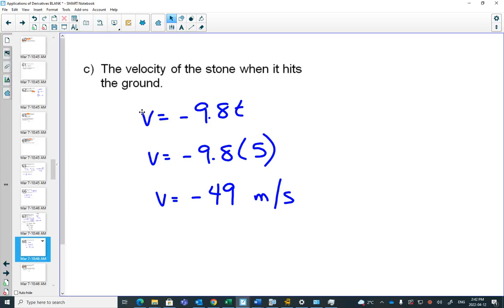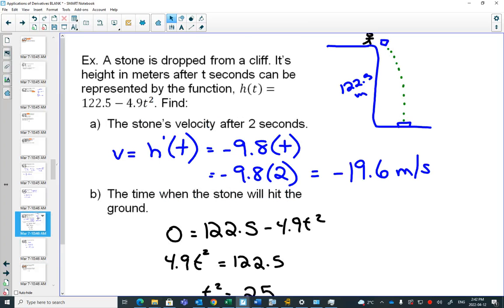Okay, how fast is he traveling? 100 meters in about 10 seconds. So about 10 meters per second. So this would be about 5 times as fast as that. Not a good idea for your friend to maybe try to catch that stone.